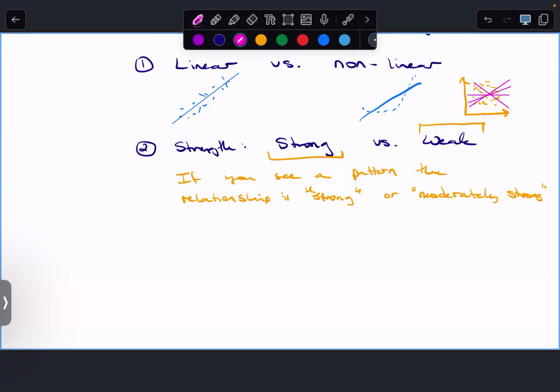There's no anchor. And so a weak relationship we don't model, because any one of those would work, but none of them would do a good job.